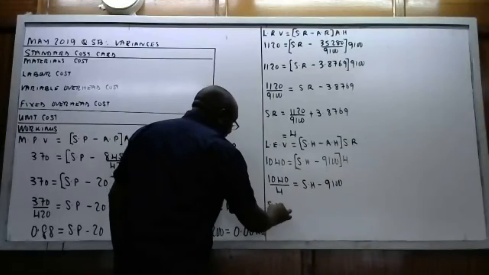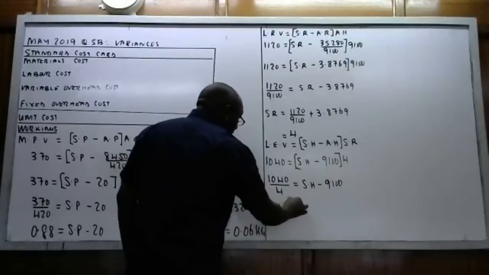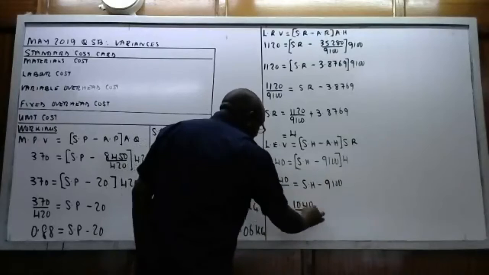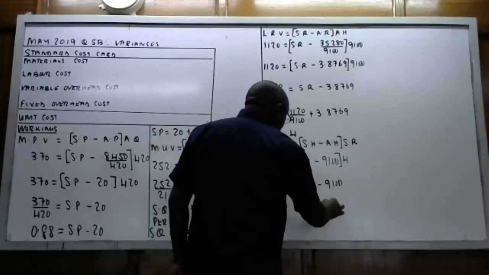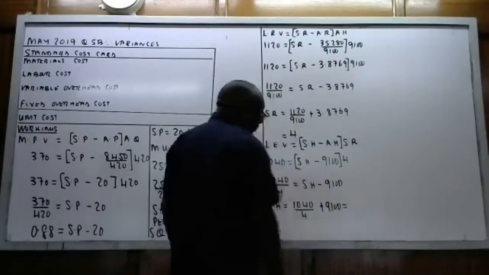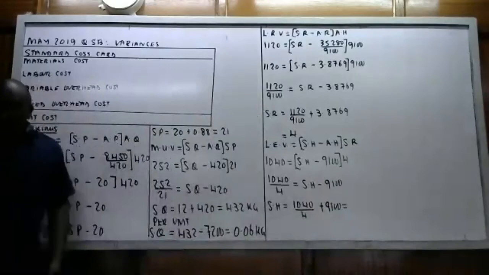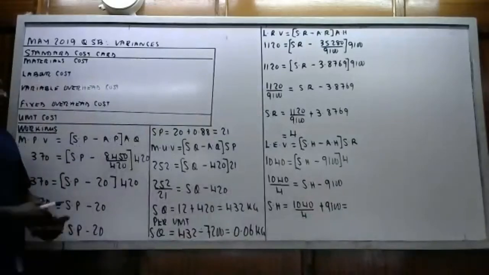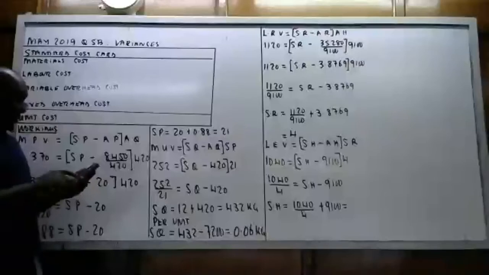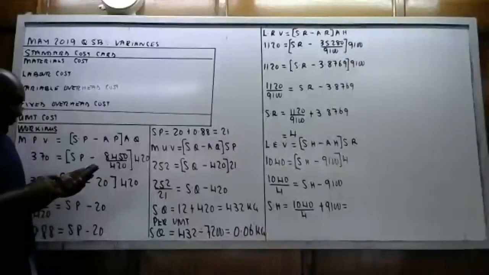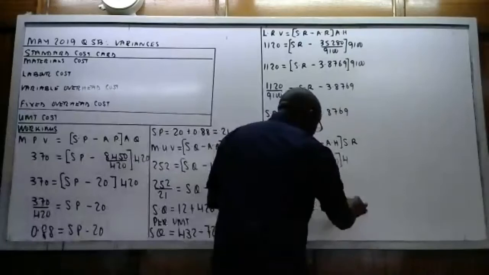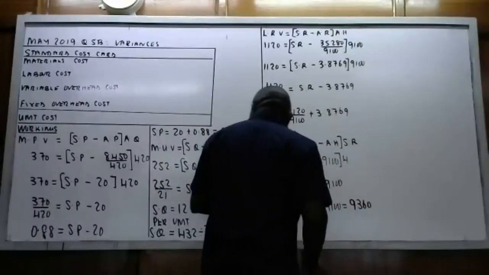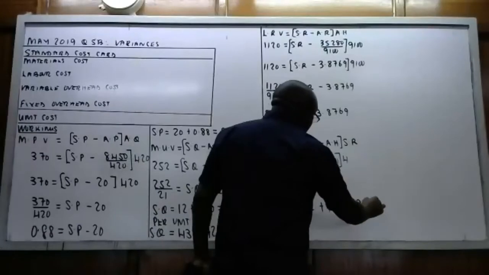So therefore, the standard hours should be 1040 divided by 4, then you add 9100. That is giving me 9360 hours.